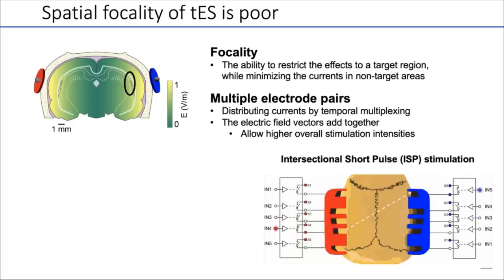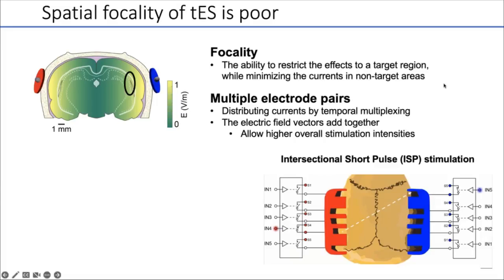One solution to increase the focality of the stimulation is to use multi-electrode stimulation methods. The more stimulation electrodes we can use, the greater the potential to generate spatially restricted effects. And so new engineering solutions have been proposed. One of them is high definition tDCS, and another is temporal interference stimulation.